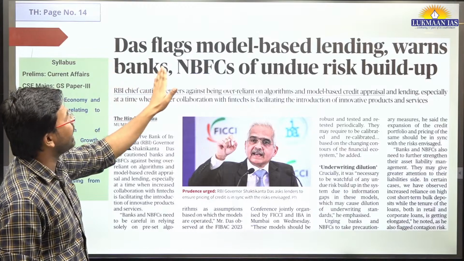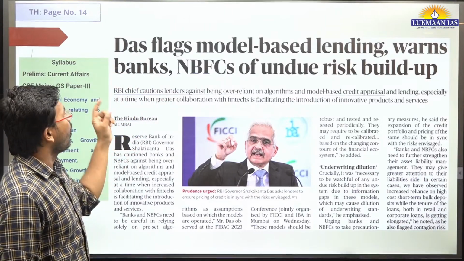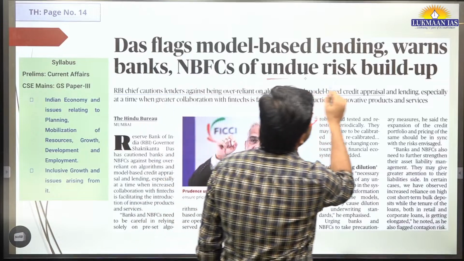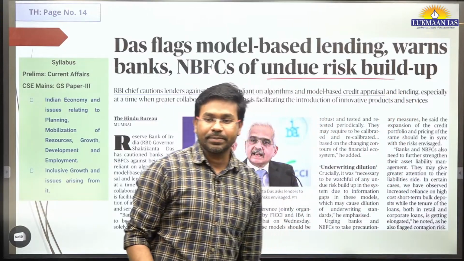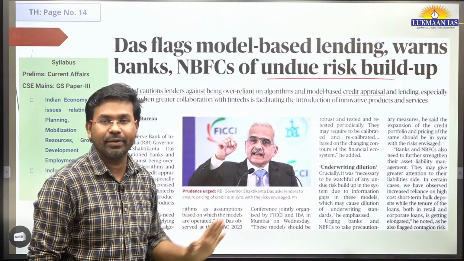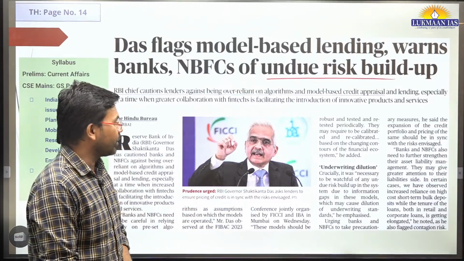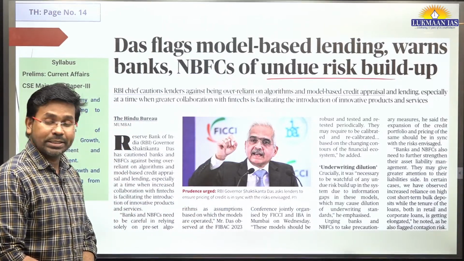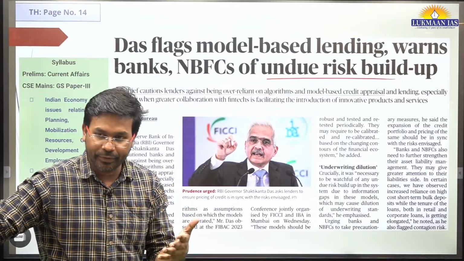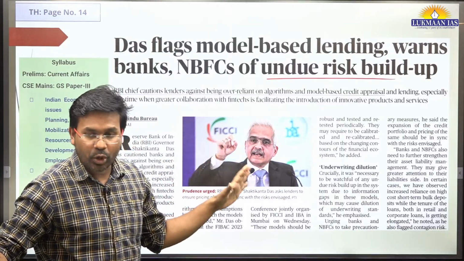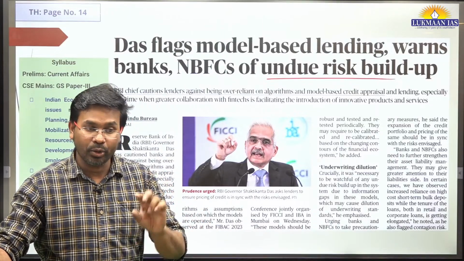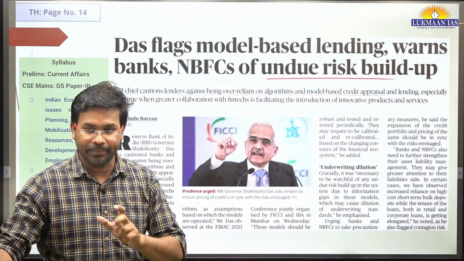It says Das flags model-based lending, warns banks, NBFCs to undue risk built up. Das means Shaktikanta Das. This is the image of Shaktikanta Das. He is the governor of RBI, the Reserve Bank of India. The RBI governor was interacting with some bank professionals, and he talked to the banks and non-banking financial companies about algorithm-based lending.